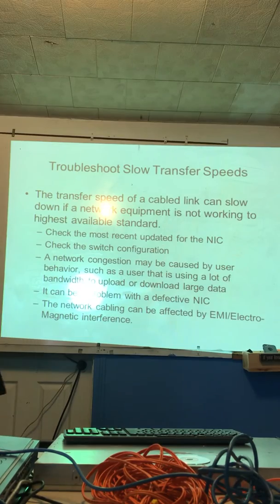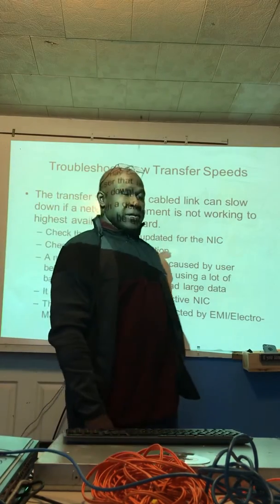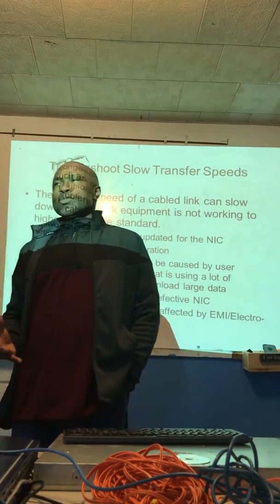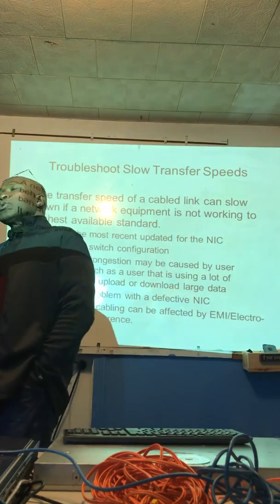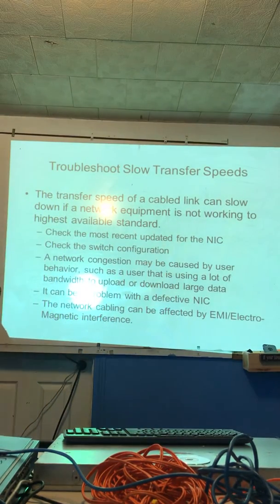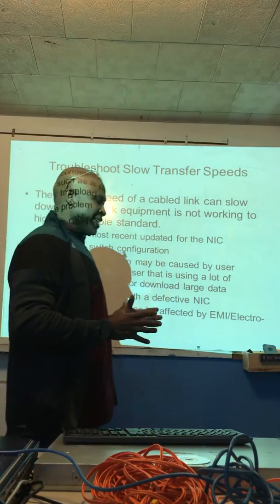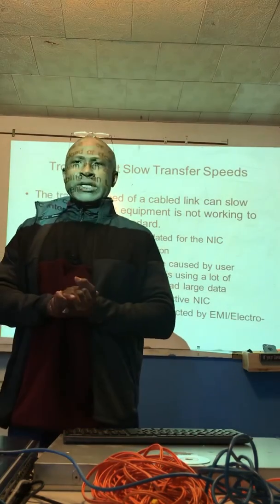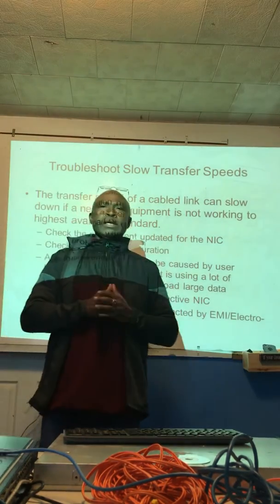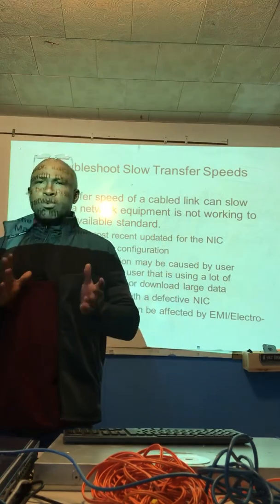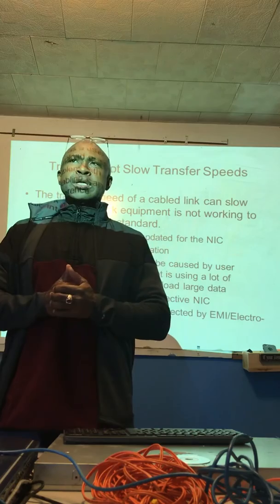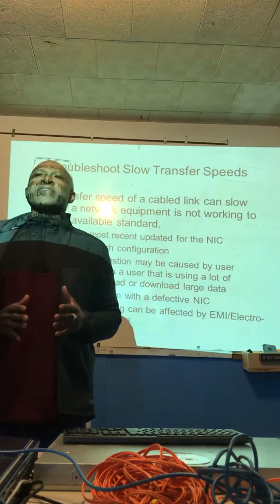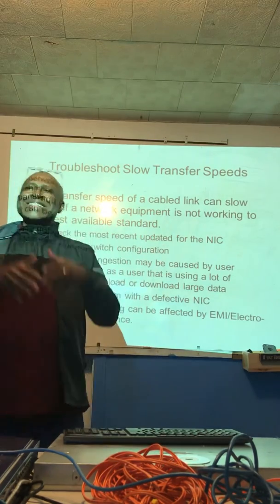So sometimes the network cable itself can be affected by electromagnetic interference. So if you are running cable next to electrical wire, you have to be careful. Or if you are running cable in a place where there is a lot of electromagnetic interference, like a factory where a lot of engines are running around, or a robotic place where all the robots are creating electromagnetic interference, it is very important to understand that electromagnetic interference can affect data inside the cable.